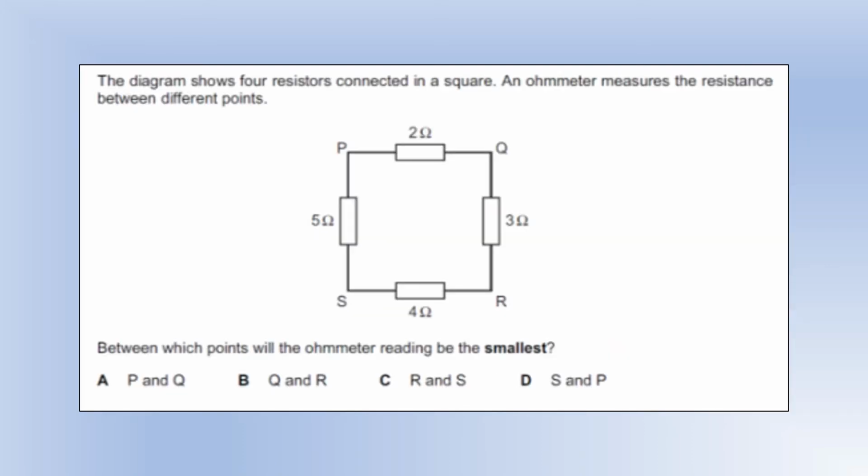The diagram shows 4 resistors connected in a square. An ohmmeter measures the resistance between different points. Between which points will the ohmmeter reading be the smallest? So I'm going to use the fact that the resistance is always less than the smallest resistor in your parallel. So whichever connections we put it across, we want to choose the one with a pathway with the lowest resistance.